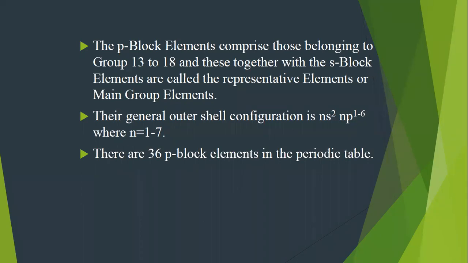As we move forward, the number of electrons in the p subshell increases, ranging from np1 to np6, where n can be 1 to 7. There are 36 p block elements in the periodic table.